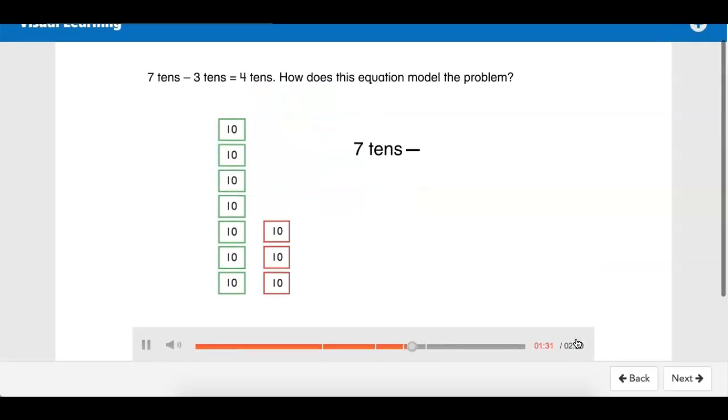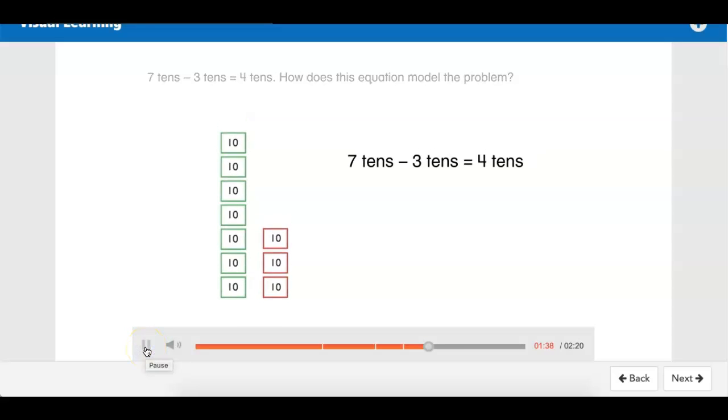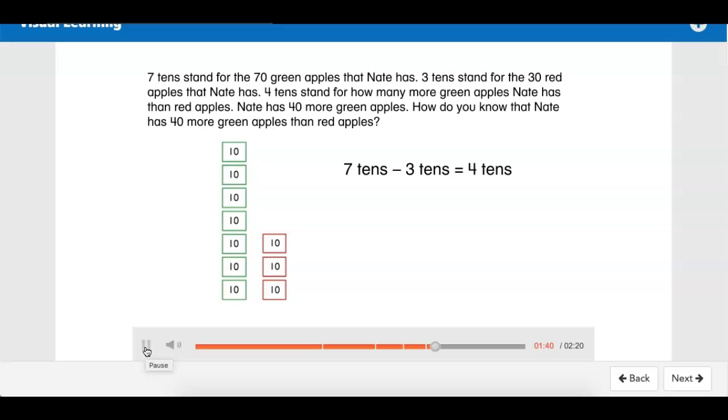7 10s minus 3 10s equals 4 10s. How does this equation model the problem? Seven 10s stand for the 70 green apples that Nate has. 3 10s stand for the 30 red apples that Nate has. 4 10s stand for how many more green apples Nate has than red apples.